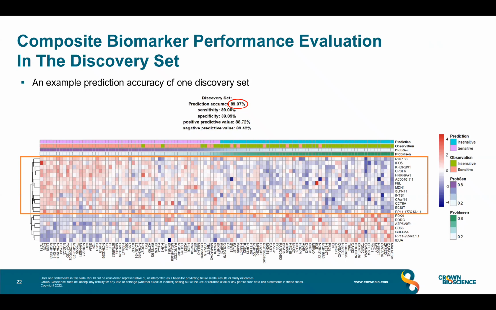By using these 21 genes, we can clearly distinguish sensitive and insensitive cell lines with 89% prediction accuracy. 14 of the 21 genes are upregulated in sensitive cell lines, and SLFN11 is also in it. And 7 genes are the other way around, so they are upregulated in insensitive cell lines.